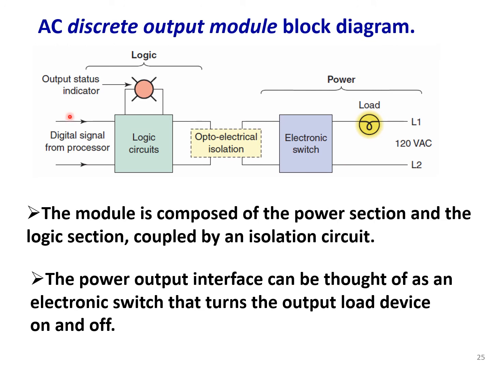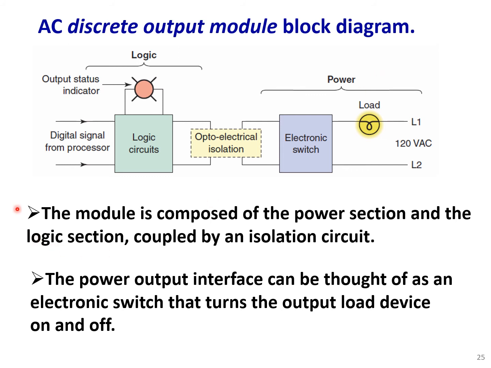So almost the same block diagram we have on the output module. It's just a reverse, kind of. We have the logic section first and the power section comes after.